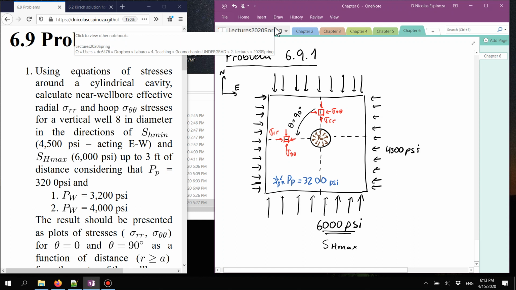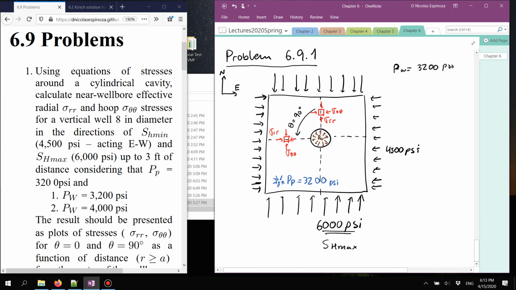So let's say, as we were saying before, that PW is 3200 psi, and I want to plot, as a function of R starting at 4 inches, the value of sigma RR and sigma theta theta. And let's say that also for this plot, I'm going to draw those values for theta equal to 0.